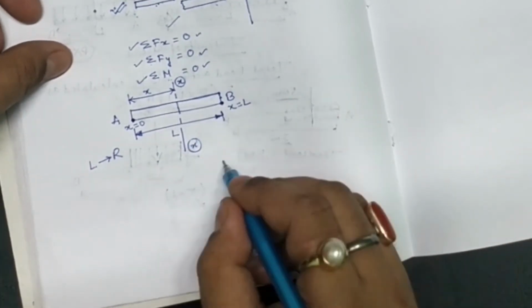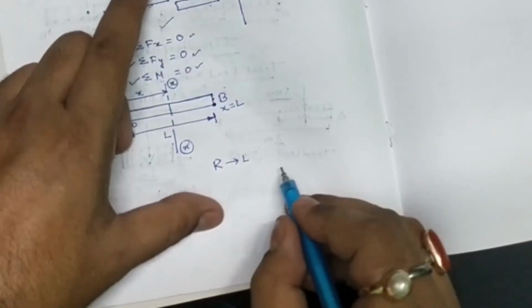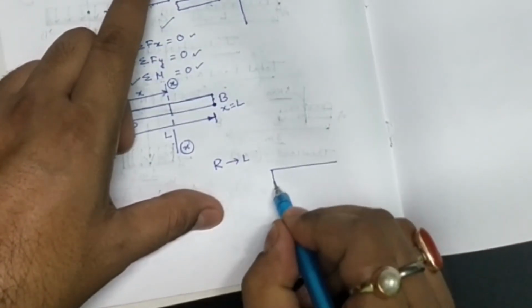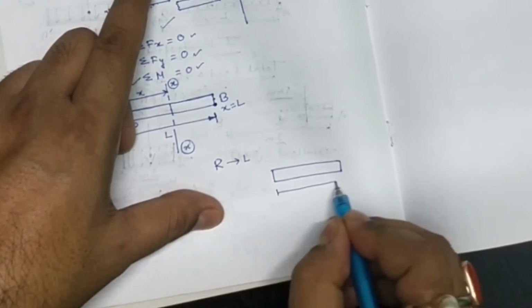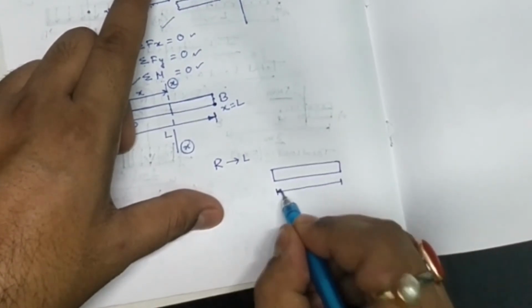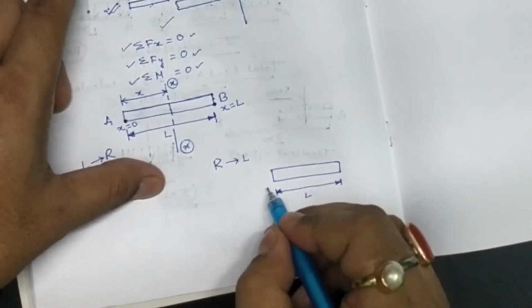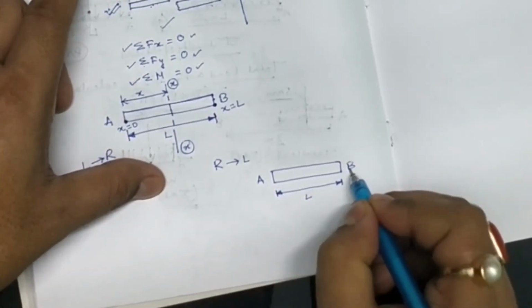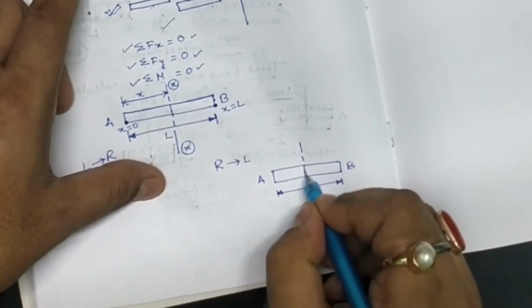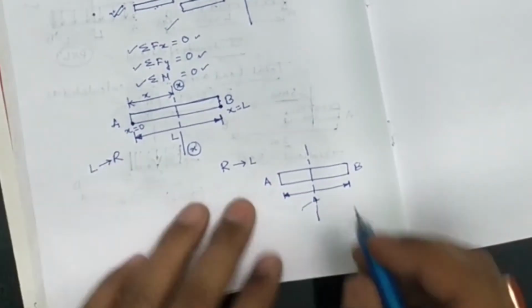Similarly, if we move from right to left and we consider the same diagram here, suppose this is the beam and the length is L, and we are considering this as point A and this as point B, and we have considered a section here just similar to the previous condition.